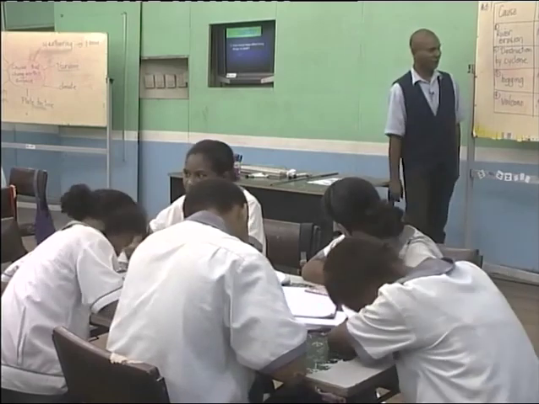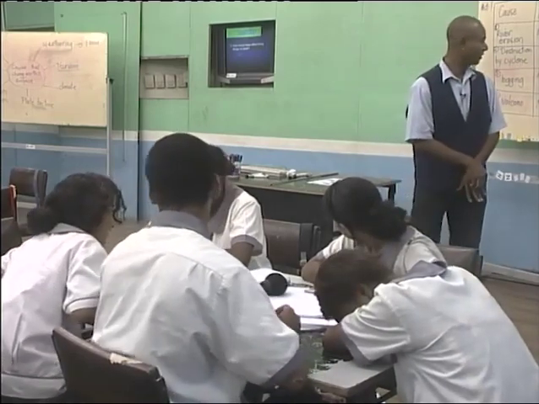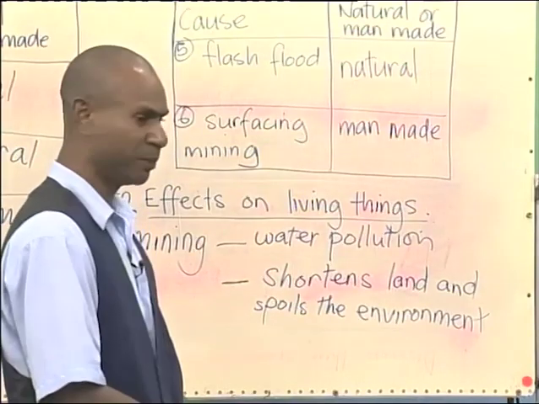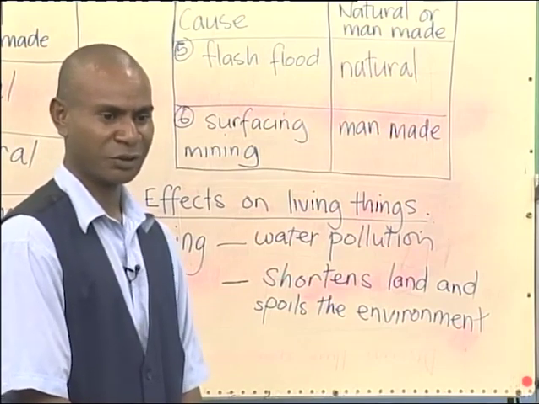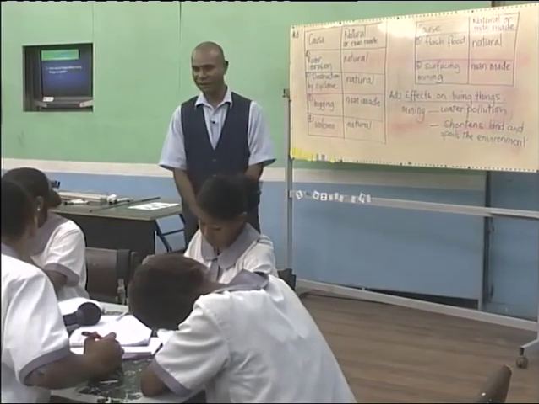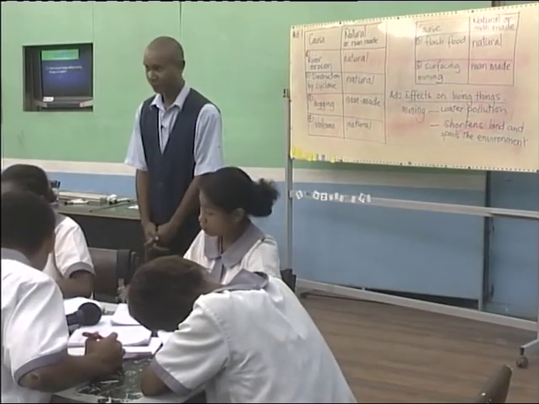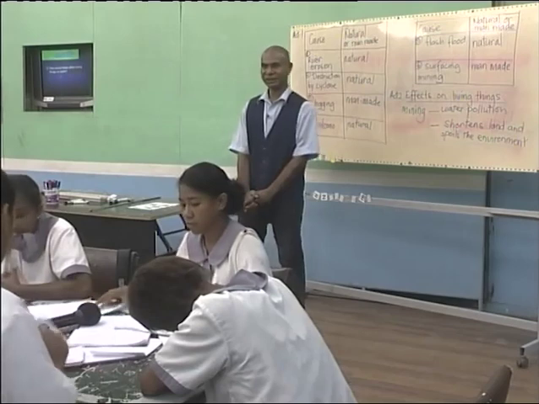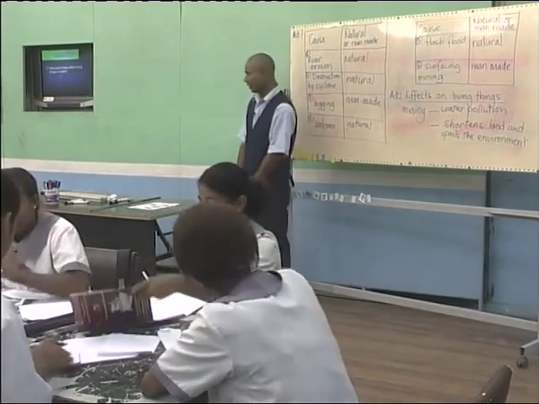I think shorten the land means to have less land for the people, I think. Yes or no? Is that right? Is that what you are thinking? Or maybe you can tell us later. All right.